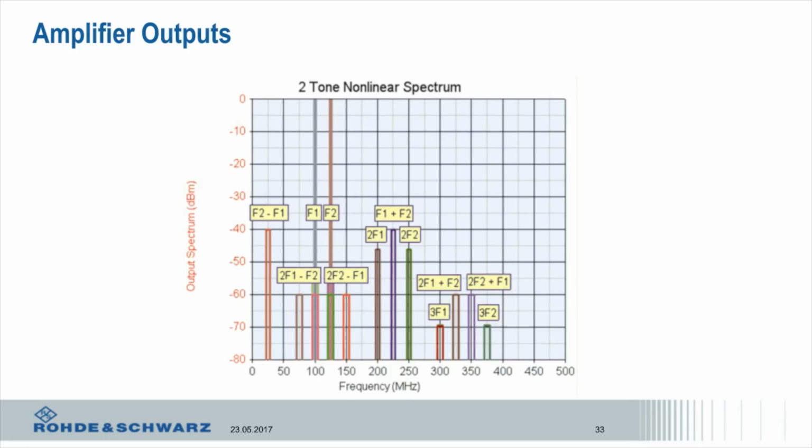When you're designing a complex system, you're going to need to take these things into account and put in filters adequately. But if you have a broadband system, you're not going to be able to filter these out. For example, like a TV receiver, where you can't filter them out because you need to be able to receive all of those channels from a low frequency to a higher frequency. Okay.